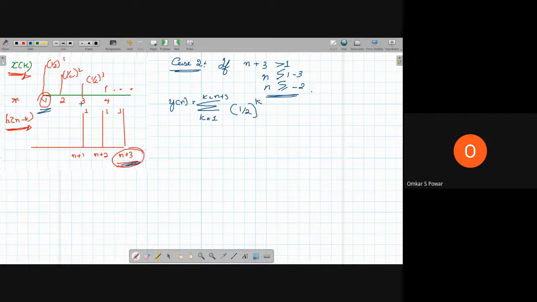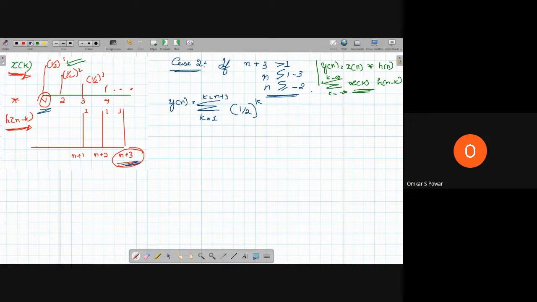So I'll write the convolution definition here, so that it will be easy for you to relate. y of n is equal to x of n convolution h of n, which is equal to summation k varies from minus infinity to infinity, x of k into h of n minus k. So what is this x of k? So this is your x of k. So half power k, because in general, if it was n, you would have written half power n. So because it is x of k, it is half power k.